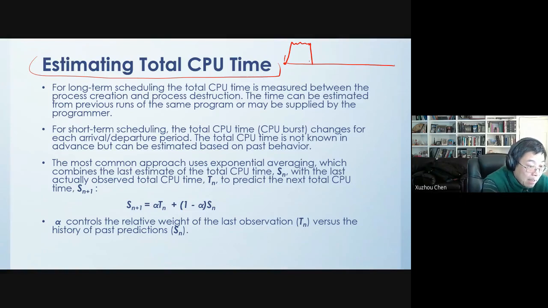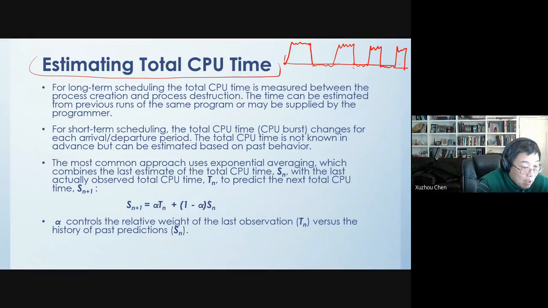Then the process is moved to the ready list again, and when it's time for the process to execute again, it takes another CPU time. Each of these is a CPU burst, and then another CPU burst, and another. For each process, it's going to be like this.